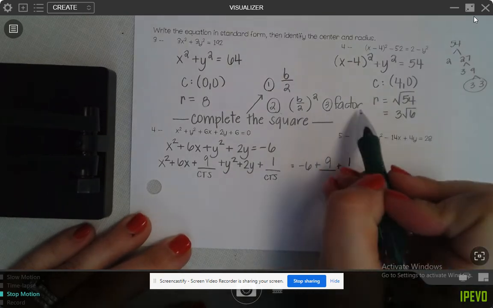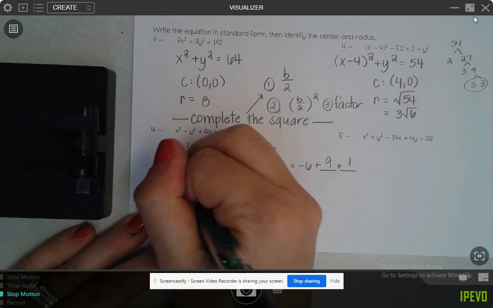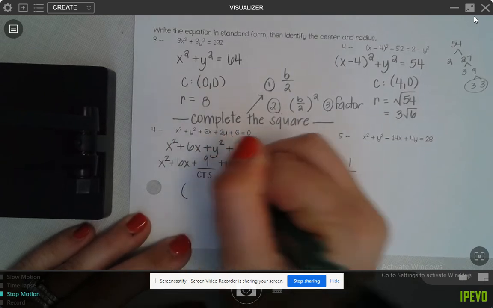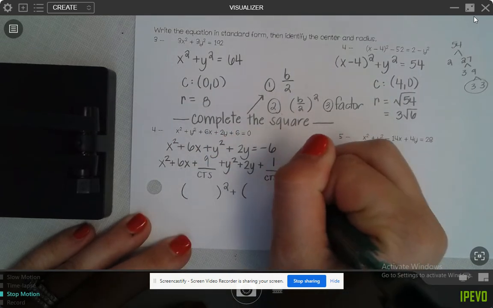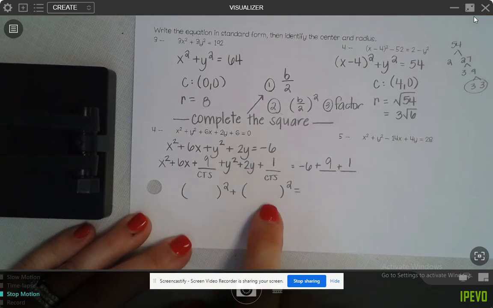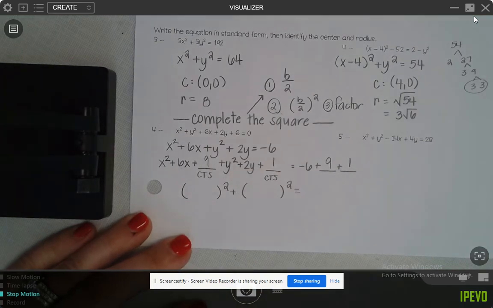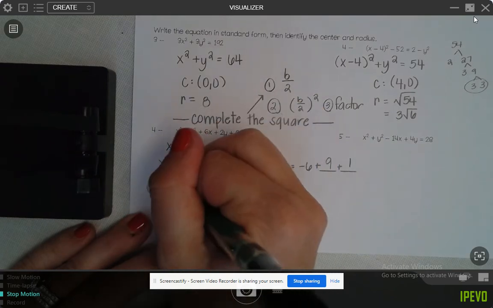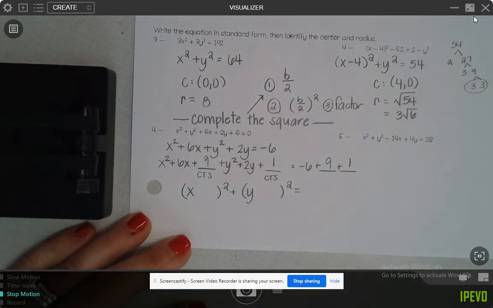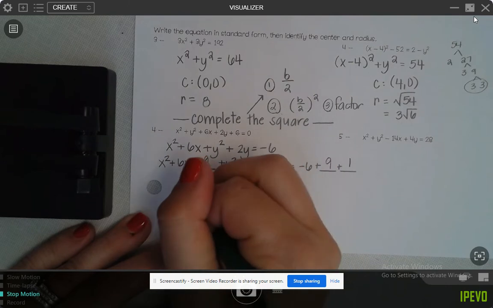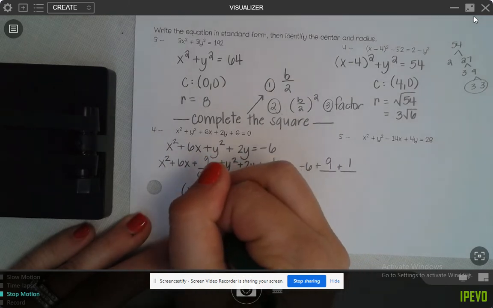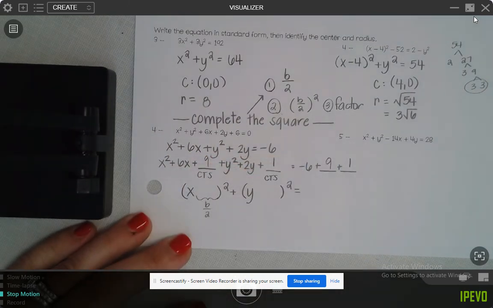Well, now it says I need to factor. It's going to end up looking like this. It has to look like this. Something squared plus something squared equals something. When you factor it, x should come first, y should come second. This in here is always going to be whatever b divided by 2 was.